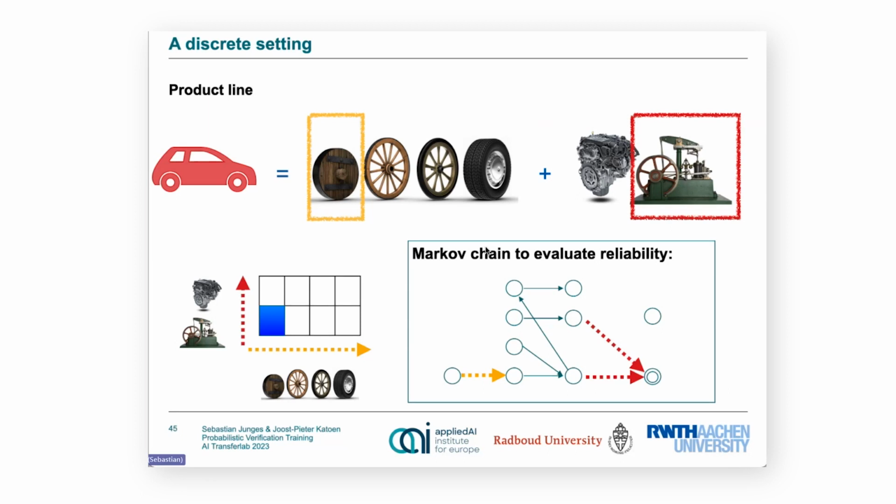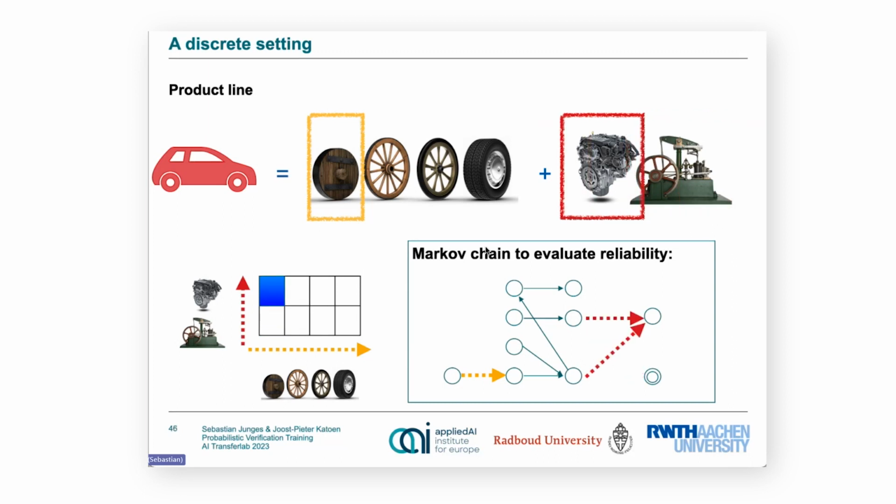Now, the important thing is that if you're changing your product, you're not changing your complete Markov chain. Typically, there are these variation points. For example, if we're changing the engine, then in these states, the reliability is affected by the choice of engine. So your Markov chain will change in these states. But the rest of the Markov chain remains untouched. If you change your wheel, then maybe we're going into a different state there.